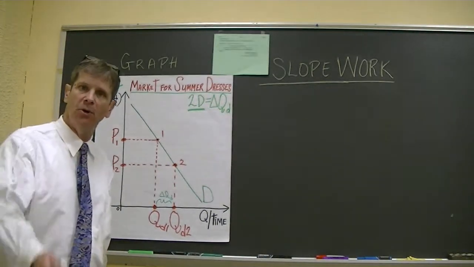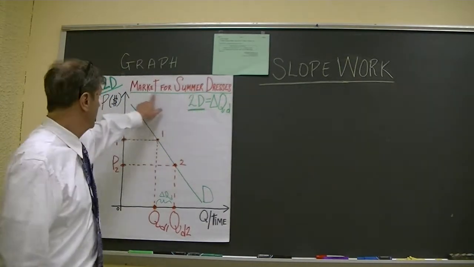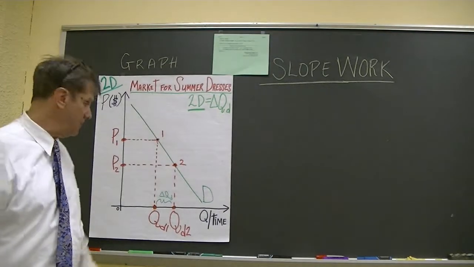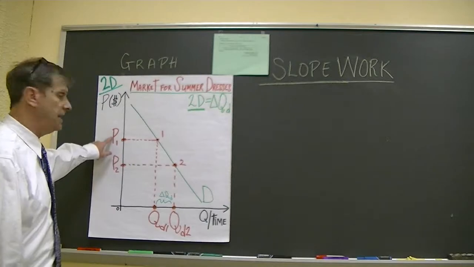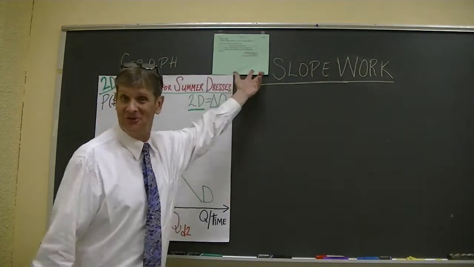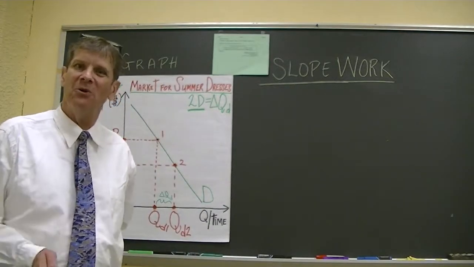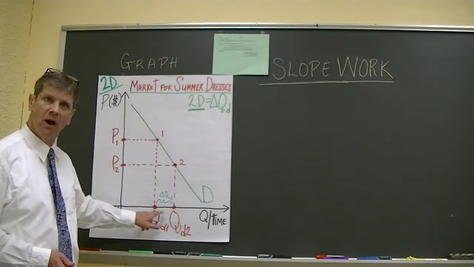The only variable that will cause a change in the quantity demand of summer dresses, so this is the market for summer dresses, the only variable that would cause that change in quantity demand is a change in the price of summer dresses. And that's the phrase that we have on the 2D, right, in the big box, right? The only variable that will cause a change in the quantity demand of summer dresses, a change in the quantity demand.